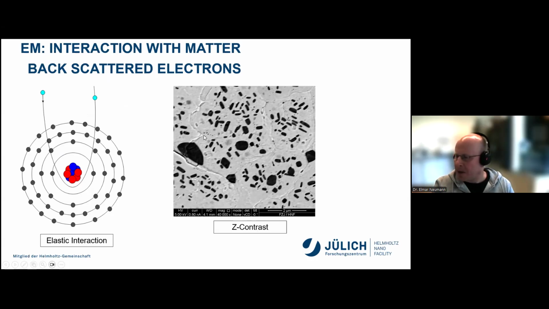Here's the same image recorded with backscattered electrons, giving a better distinction, so you see the difference between these different materials far better. This is a drop of solder I found the other day on the floor somewhere in our building. And you also see that this edge effect is far less pronounced, if visible at all.